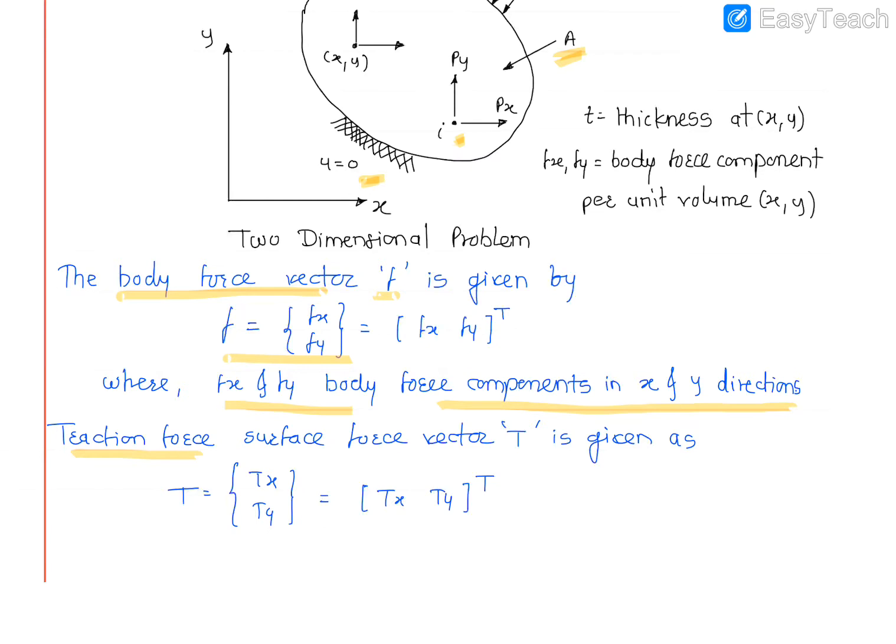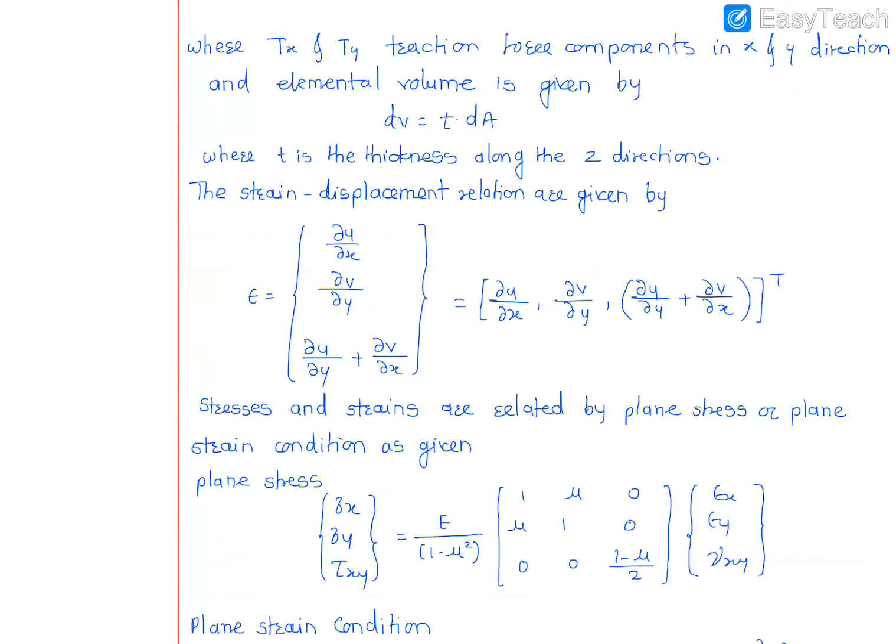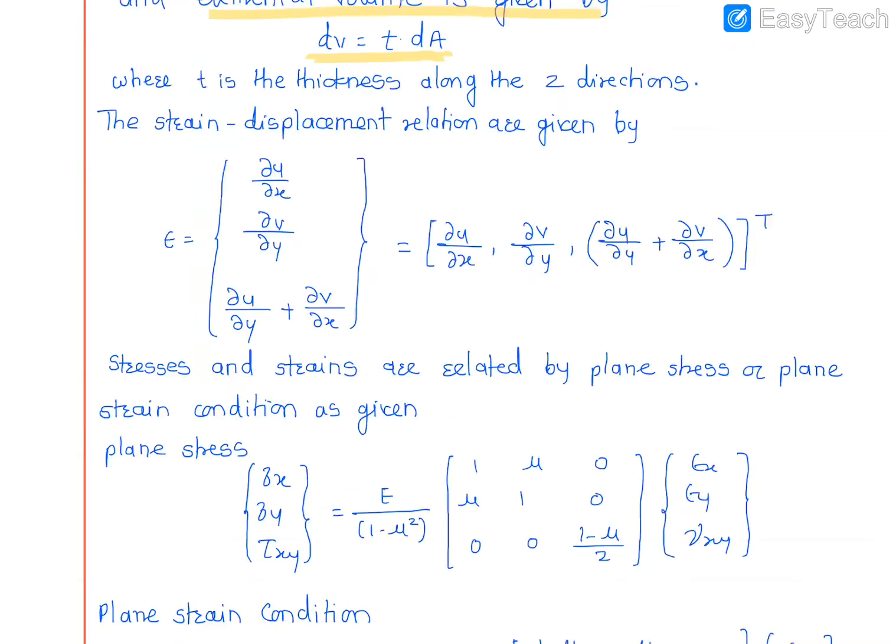Similarly, the traction force is given as T equal to (Tx, Ty) transpose, where Tx and Ty are the traction force components in the x and y direction, and the elemental volume is given by dV equal to t into dA, where t is the thickness along the z direction.